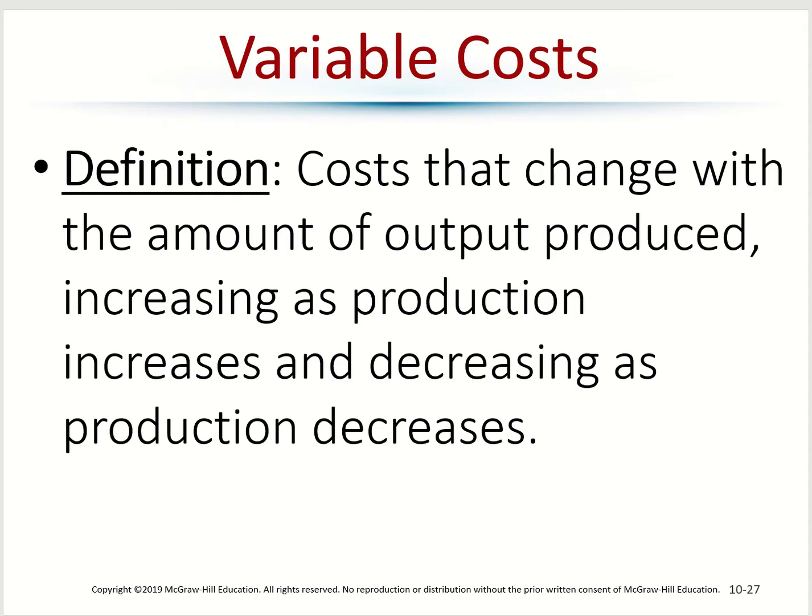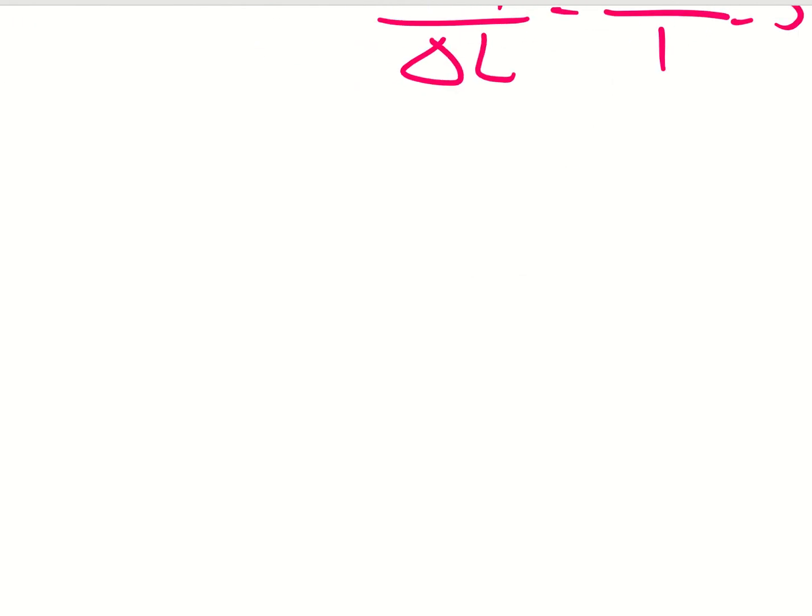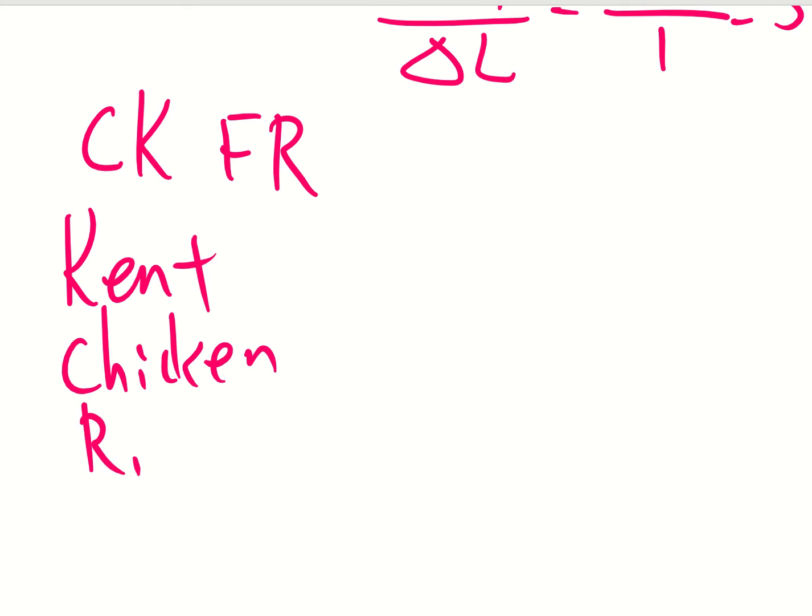Now, next one is your variable cost. So variable cost actually changes depending on how much you produce. So the more production you have, the more variable cost you will pay. For example, let's take our chicken fried rice business again. For the chicken fried rice business, I need to pay for rent, I need to buy chicken, I need to buy rice, I need to hire labor, and I need to pay for utilities.